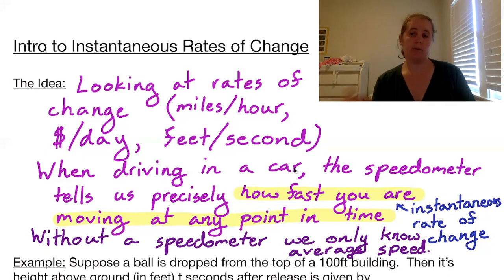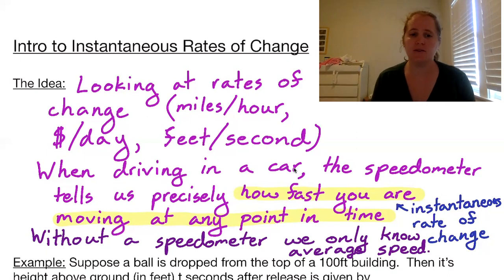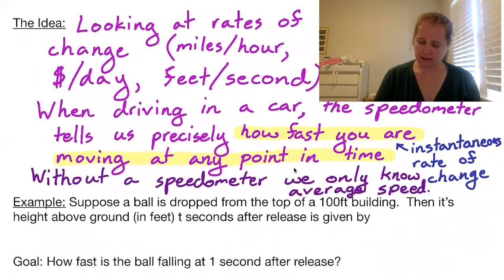So we are wanting the instantaneous rate of change. And the question is, how on earth can we find that if we don't have a speedometer to do the measuring for us? So let's go ahead and take an example.